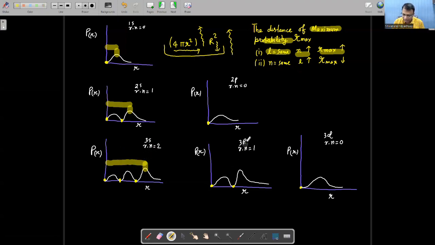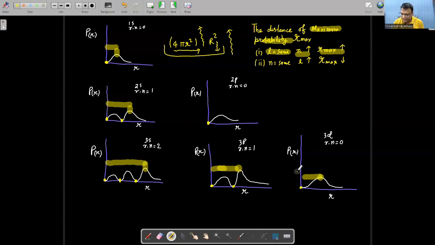For 3p, the value of l is equal to 1 and n is 3. So we are increasing the value of l, keeping n the same. This position is r max. If you compare with 3s, this r max value will be lesser than that value. And again in the case of 3d, the r max value is going to decrease further.